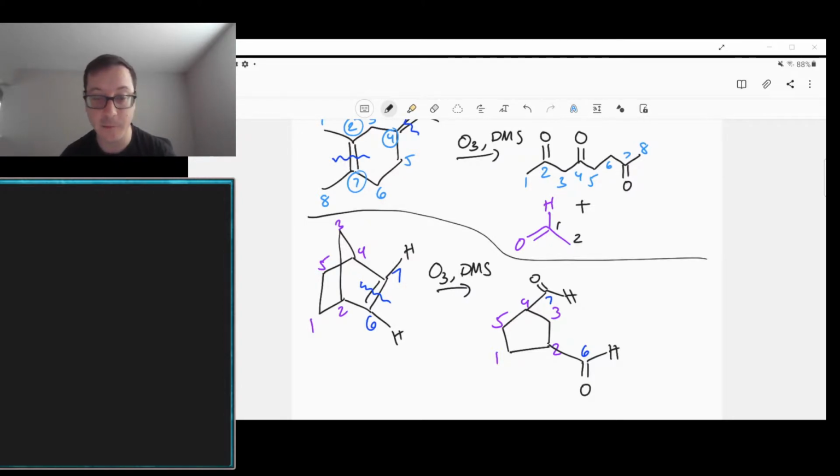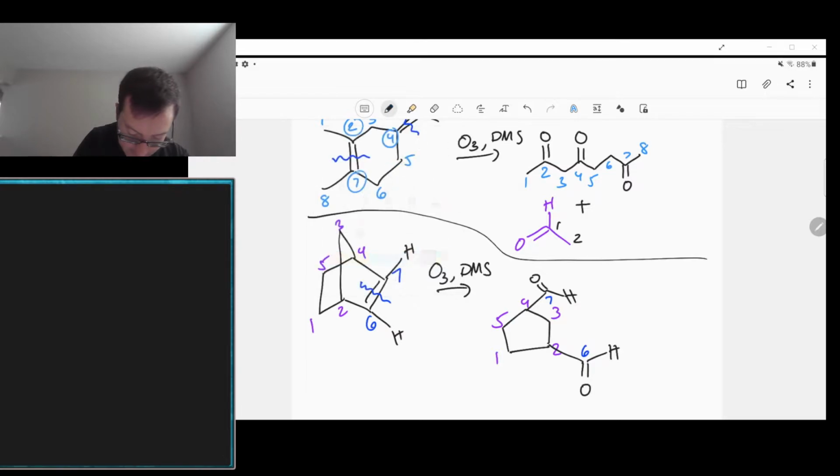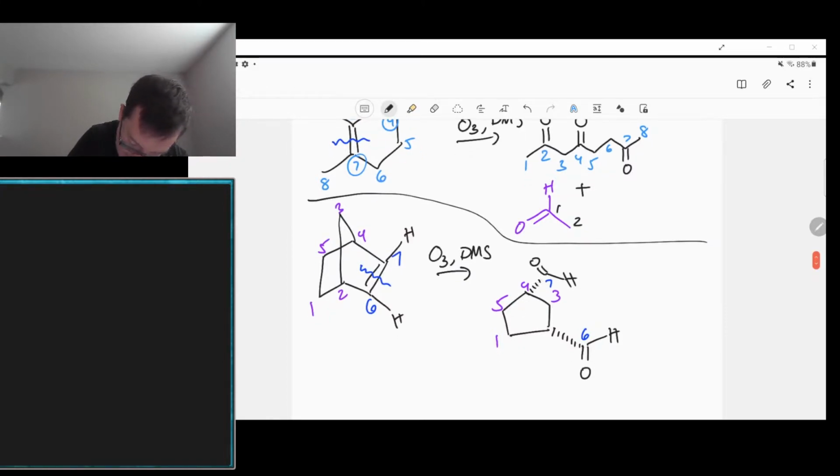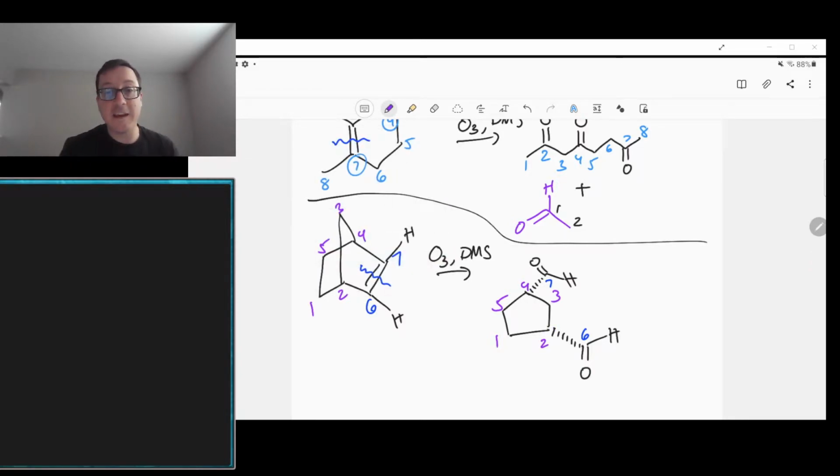And if we wanted to be really careful about this, if we wanted to be very, very good chemists, you would actually have drawn it with stereochemistry. We would keep the stereochemistry as well.